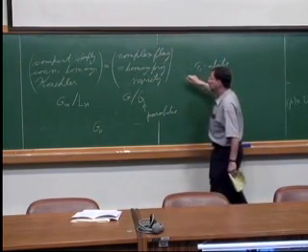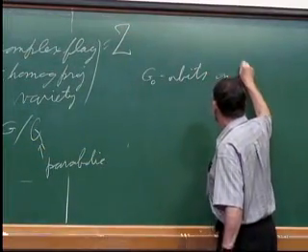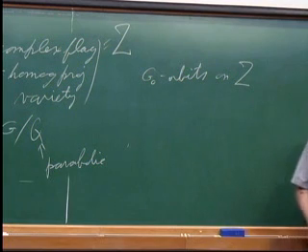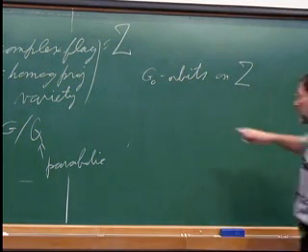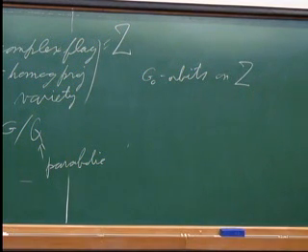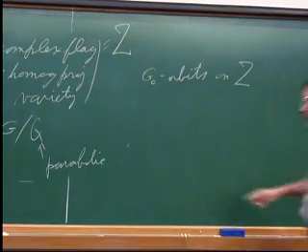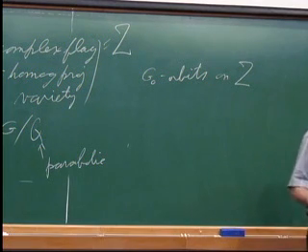Let's give these things some name. I'll call this thing, say, Z. And the things that correspond to bounded symmetric domains would be the open orbits. Well, first, of course, you have to check that there are open orbits. But using a little bit of Lie group theory and the structure of parabolic subgroups, you could check that there are only a finite number of orbits. So some of them must be open.